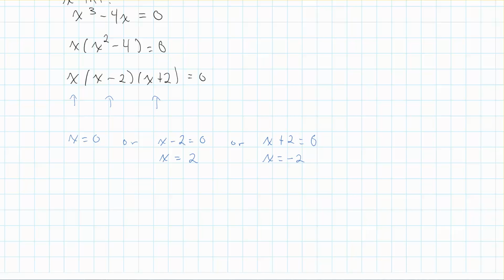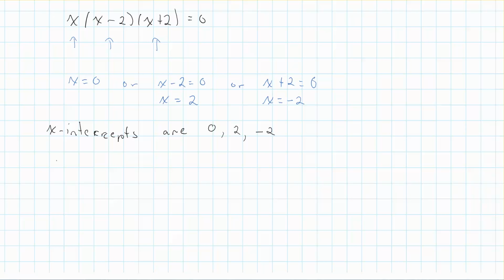So then the x-intercepts are 0, 2, and negative 2.